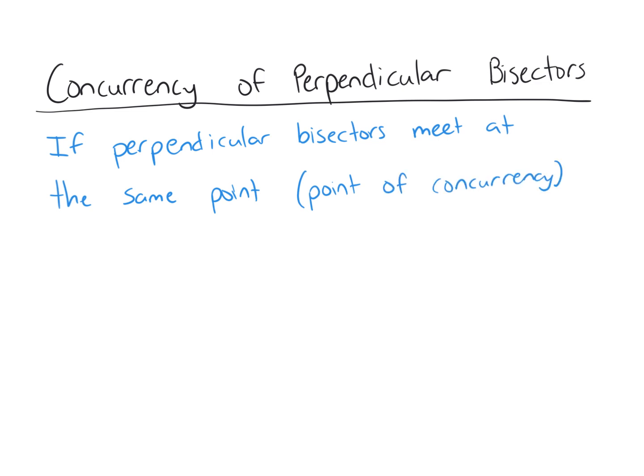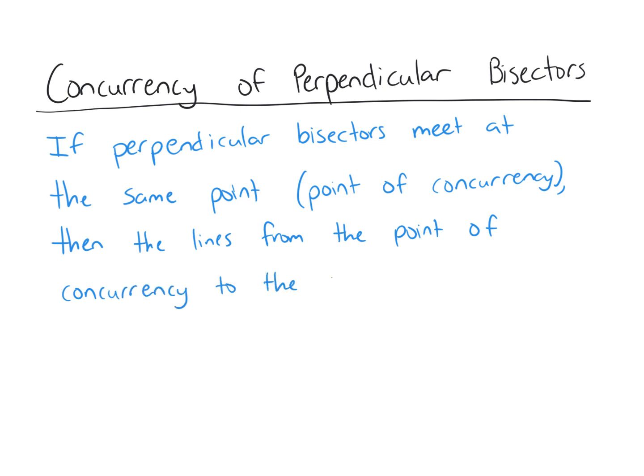If perpendicular bisectors meet at the same point of concurrency, then the lines from the point of concurrency to the vertices are congruent.